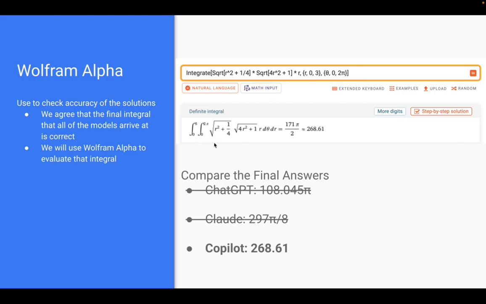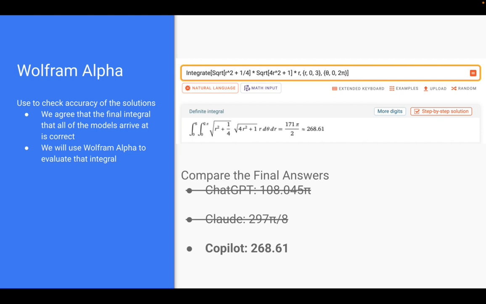This matches what we have from all three outputs, and this gives us, through Wolfram Alpha, an accurate approximation of 268.61. If we compare it to the three final answers from the three outputs, in this case, Copilot actually got it correct. But don't assume that that will always be the case.